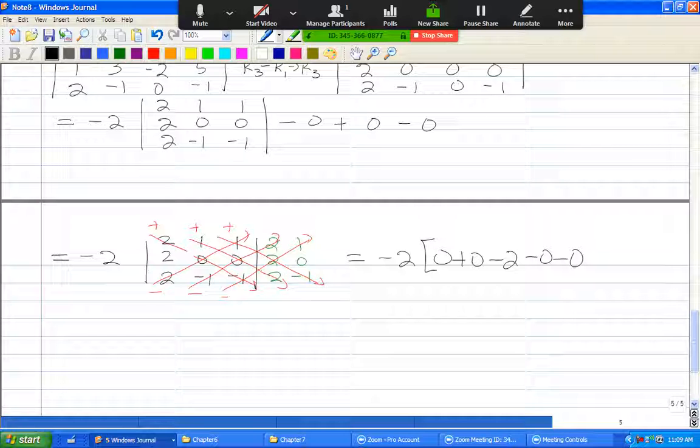Minus a -1 times 2 times -1. Minus a -2 is plus 2. So the 2's cancel, you get 0. -2 times 0 is 0. So the determinant of this 4x4 matrix is 0.